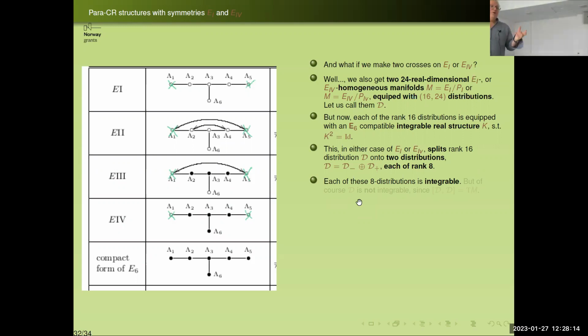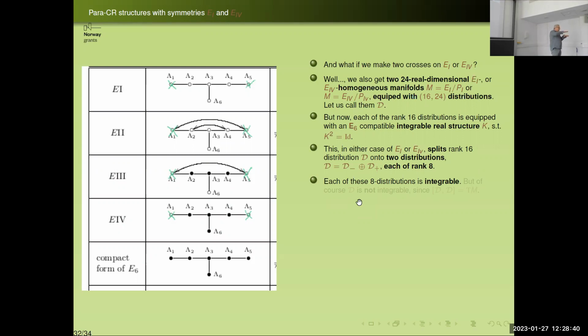If you want to have a jewel, it should be particular. You cannot deform it. So how many dimensions are those structures? With CR structure, that means these with E6 symmetry, they are of dimension 24. It is real dimension 24.